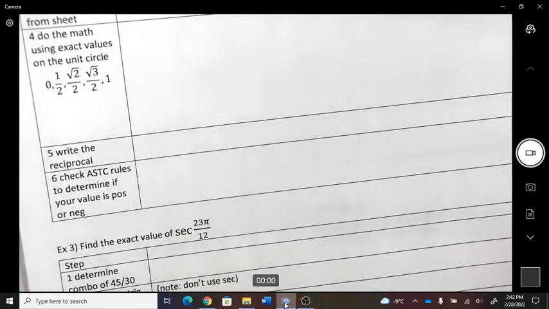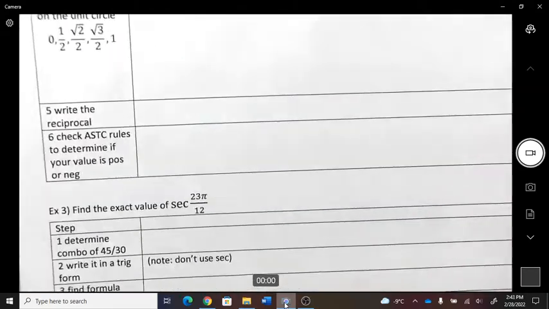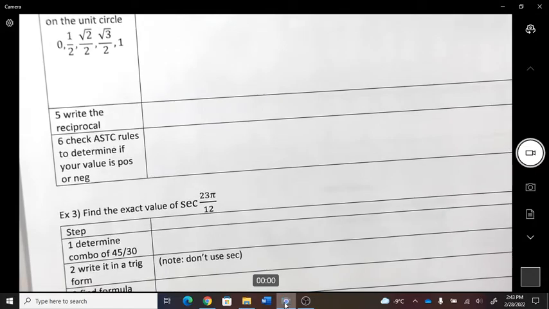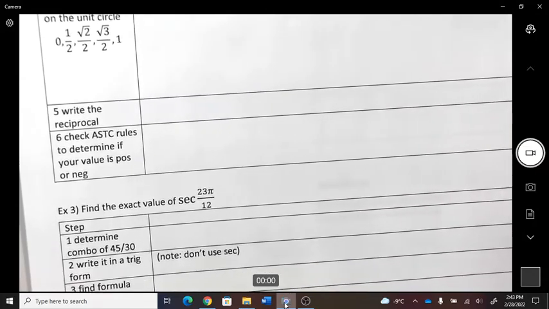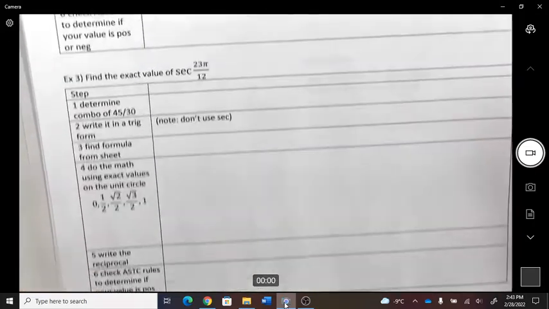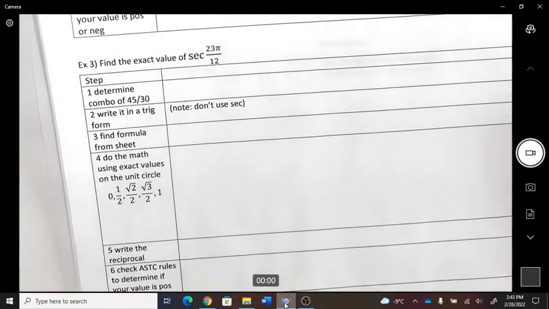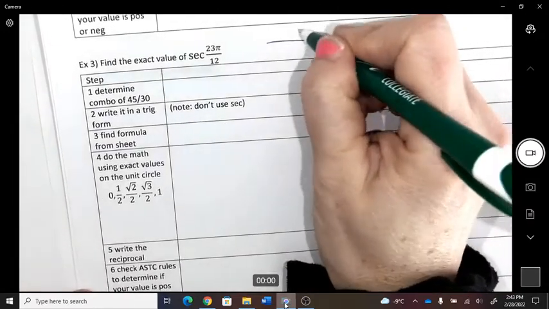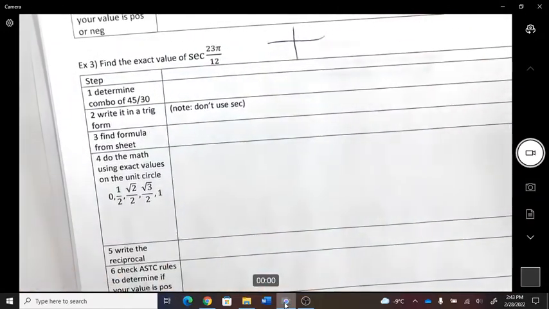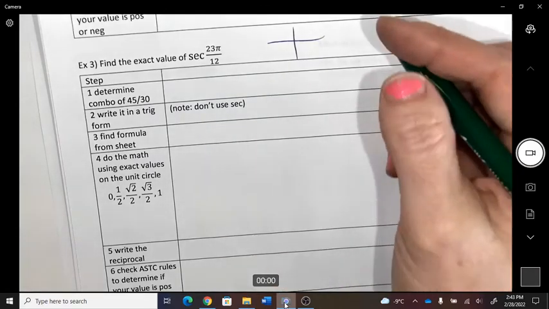Okay, let's try number 3 next. Ready? Figure out where you are. Do you remember where we were with that? 23 over 12.